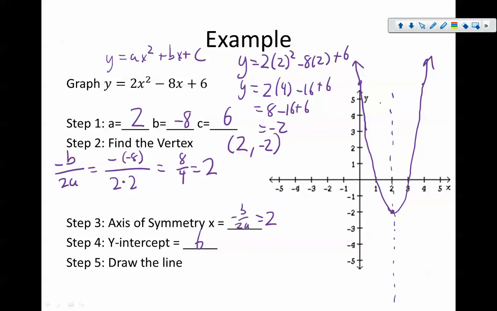Draw in the axis of symmetry, which is a vertical line here at 2, or the -b over 2a. Then plot the y-intercept, which is our c value. Draw the curve, recognize that it is symmetrical and will therefore be at the same point on the other side, and curve the line up.